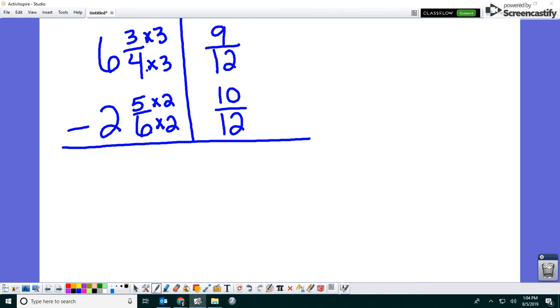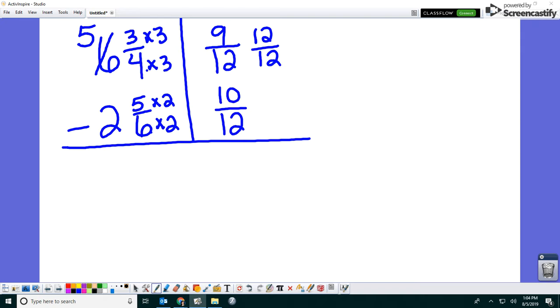There we go. Now I can look at the subtraction. I cannot do 9 minus 10, so I'm going to have to come over to the 6 to borrow or regroup. So in this case, I'm not bringing over 4/4 because remember I've changed into 12ths. So now the unit that I'm borrowing is 12/12, or I'm regrouping.